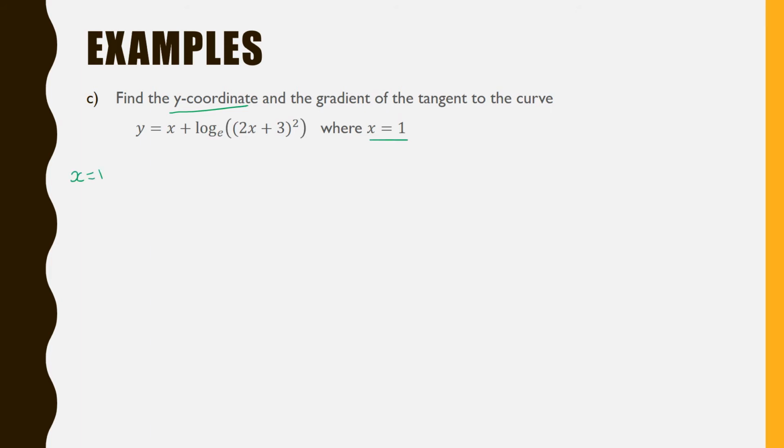When x equals 1, y would equal 1 plus log base e of, instead of x I have 1, 2 times 1 is 2, plus 3, and that is squared. So I get 1 plus log base e of 5 squared, which is 25.